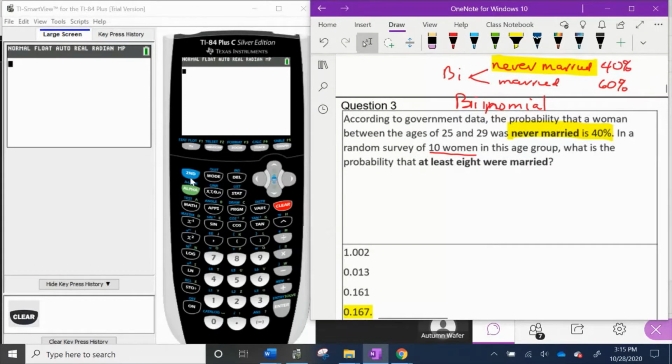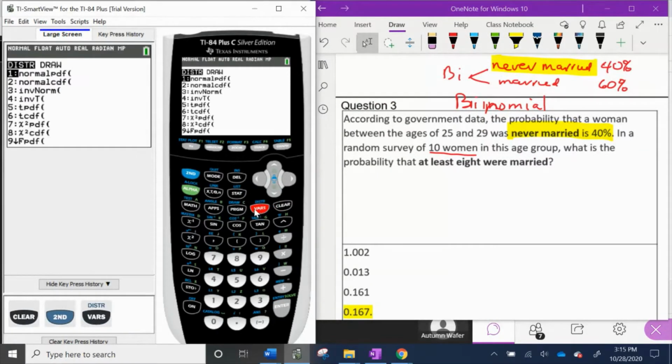So let's see, I got 0.953. You said 0.953? If you round it, then it's 0.954. Okay, so hold on, let me see.